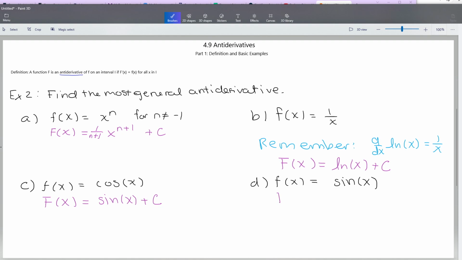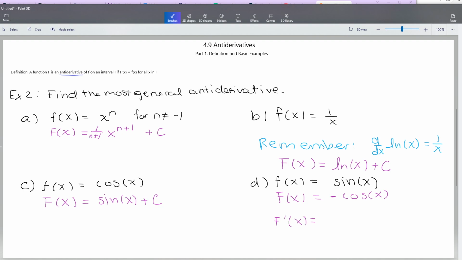Okay. Now it's really similar here, right? We know that the derivative of cosine is negative sine, right? So if we were just to put cosine x, this wouldn't be quite right because that would give us negative sine x. So we're going to put a negative so that when we take the derivative, we'll have positive sine x. Okay, so let's check and make sure this works.